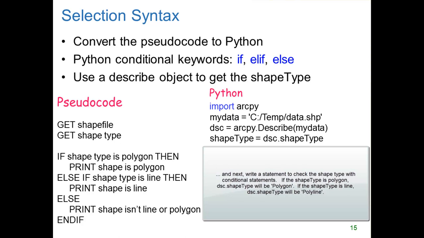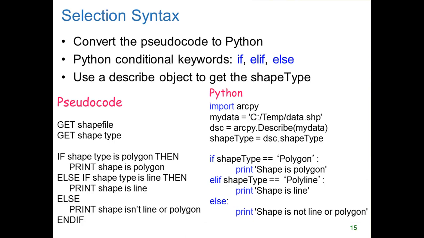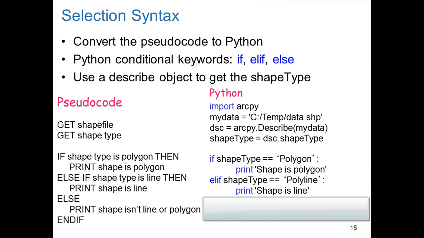Don't forget your punctuation and your indentation. So the first line should look something like this. And then make sure you have some indentation there. And the next line should look something like this. And again, the indentation on the next line should look the same, lined up with the previous print statement.